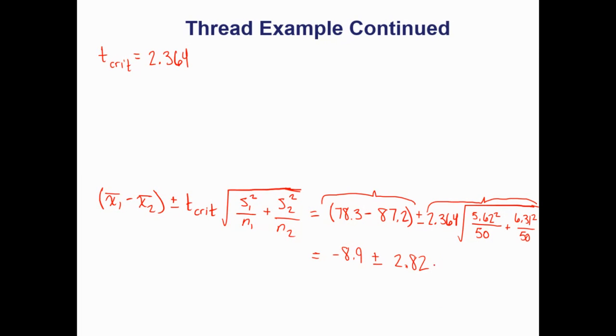So our interval itself would be, let's see, negative 8.9 minus 2.82, which would be negative 11.72. And then negative 8.9 plus 2.82. Yep. There's our interval.